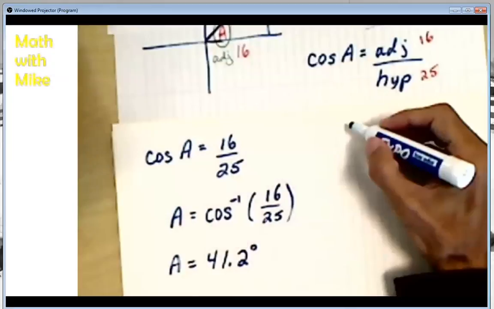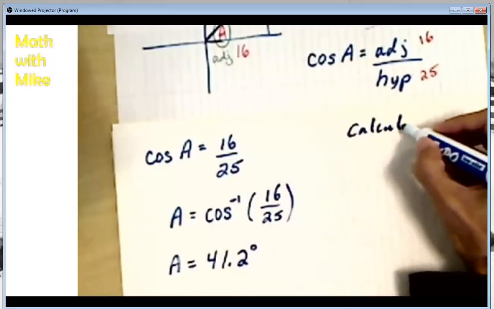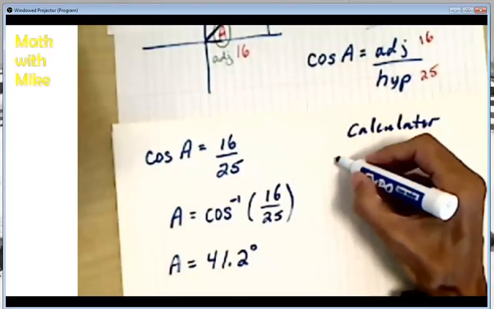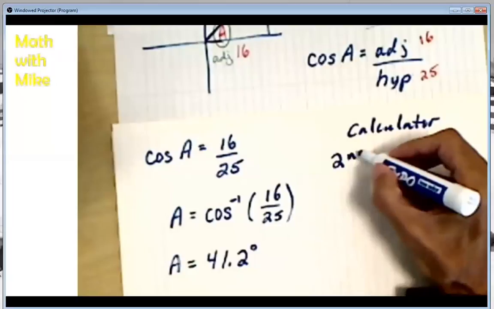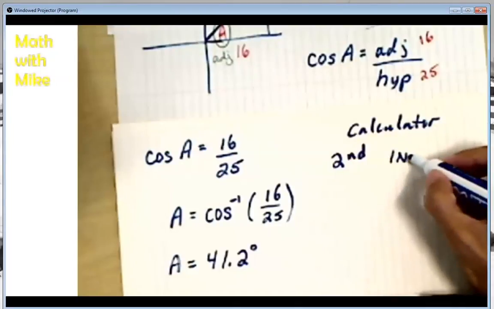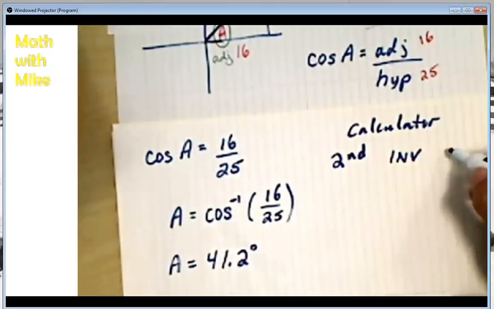Oh, okay. So as a reminder, with your calculator, there's a button that's second, there's a button that's INV. I saw a shift on one calculator.